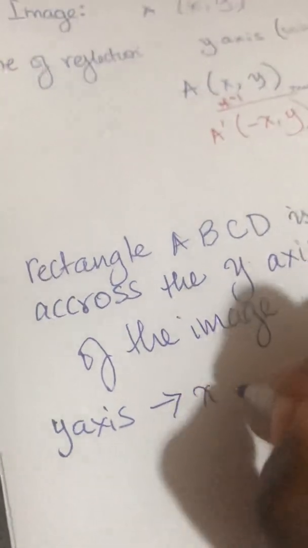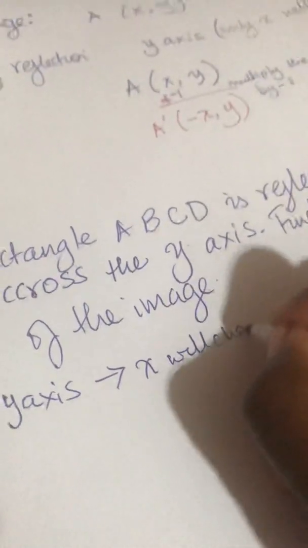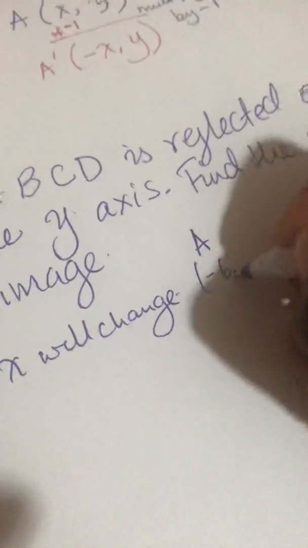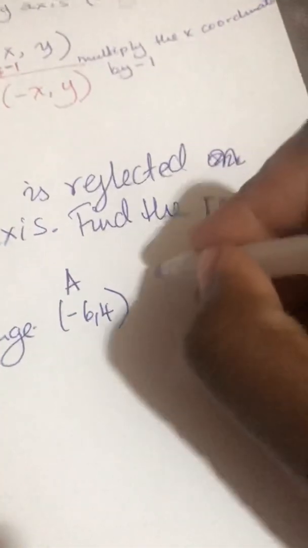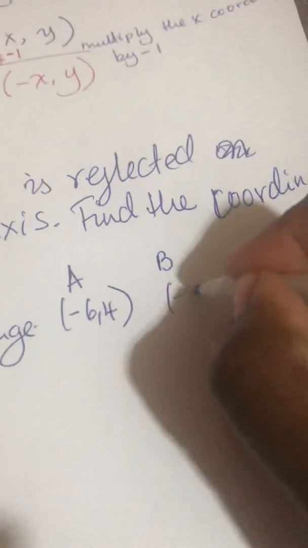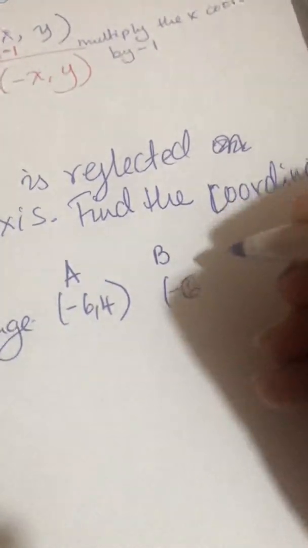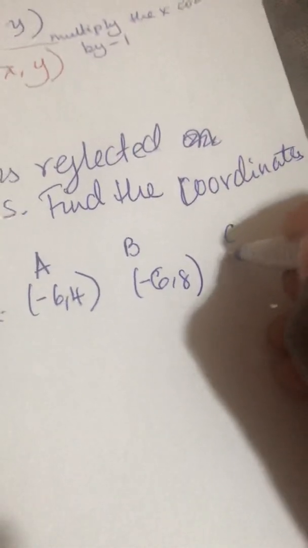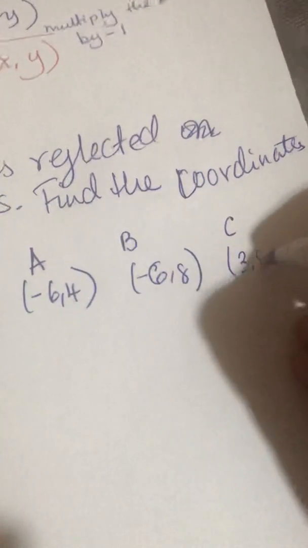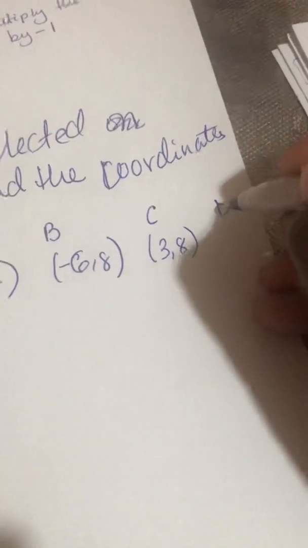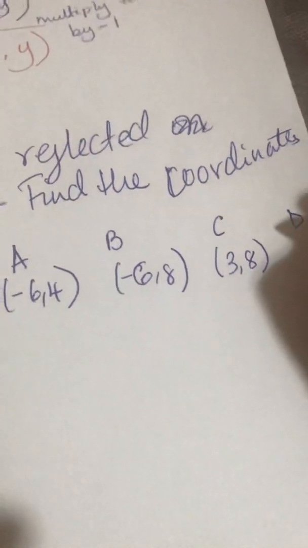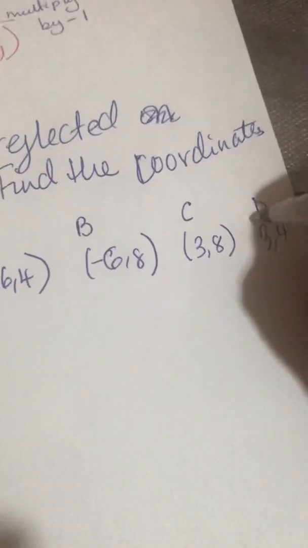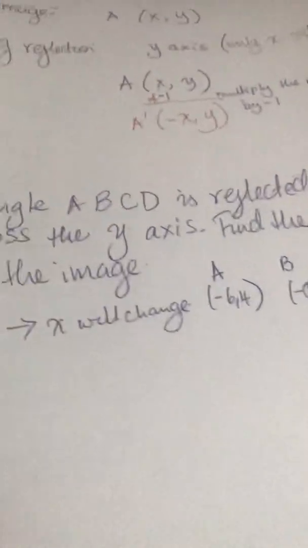I see Y-axis, so I know X will change. This is me reading, okay? So let's say A is -6, 4, and B is -6, 8, and then C is 3, 8, and D is 3, 4. Let's say that's how the question is. So X will change.